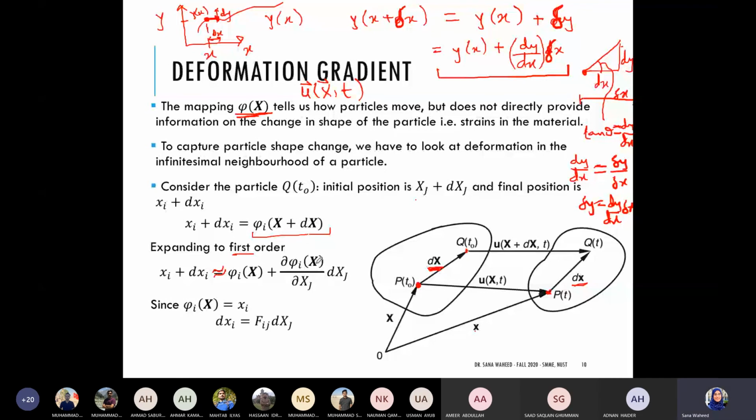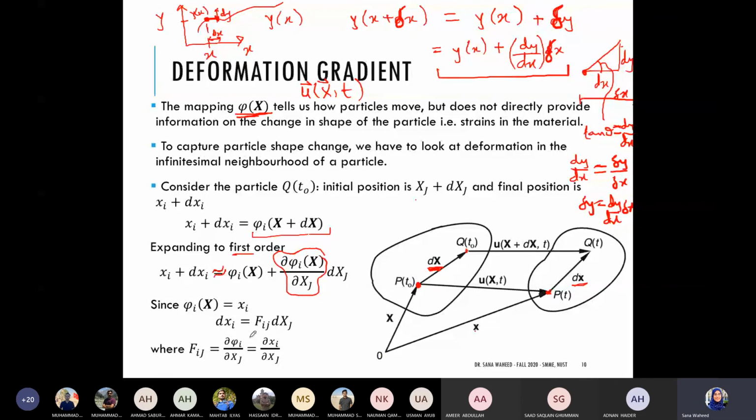I bring in a new expression to represent this thing and represent it with a capital F. Then my Fij is this differential, del phi I with respect to del xj.